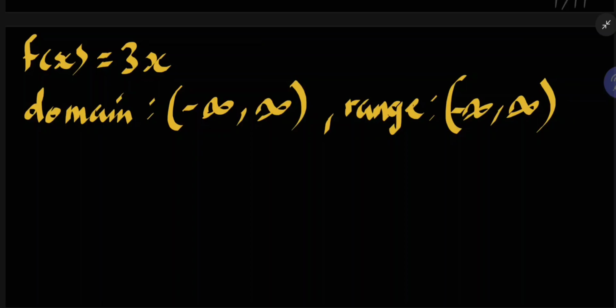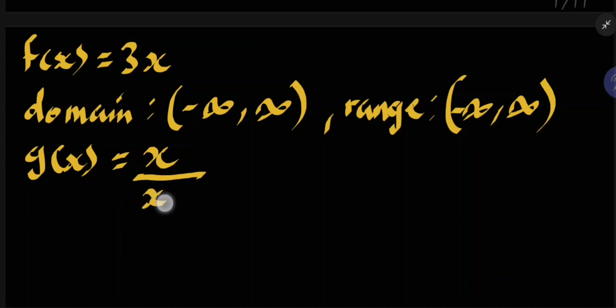Let's use some other function. We can use, let's say, g of x equals x all over x plus 4. When you have a function like this that has a denominator, you always remember somewhere in your mind that any number divided by 0 is undefined.